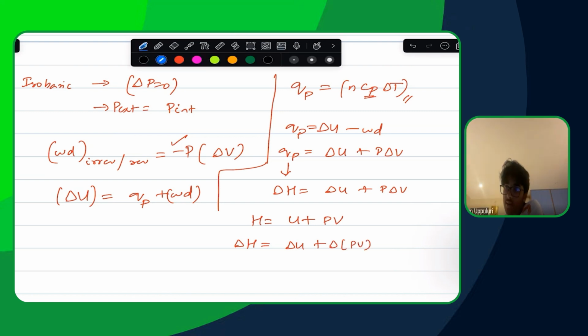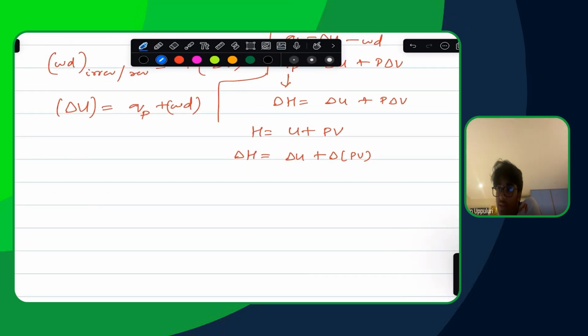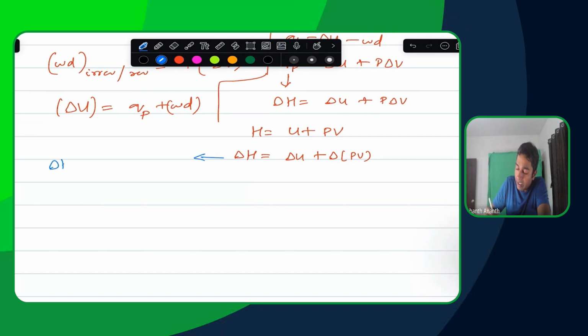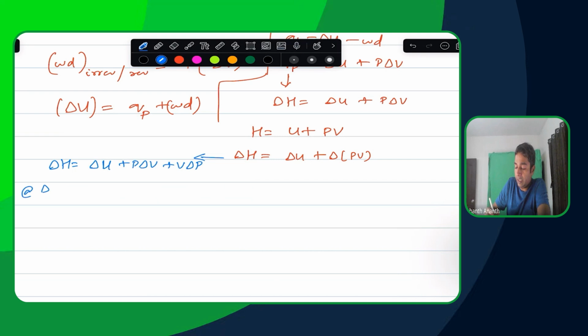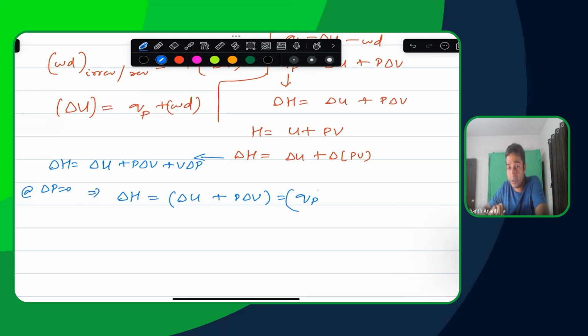So delta H works out as delta U plus P delta V plus V delta P. But V delta P is 0. So at delta P equals 0, delta H simply becomes delta U plus P delta V, which is of course going to be your heat change at constant pressure.